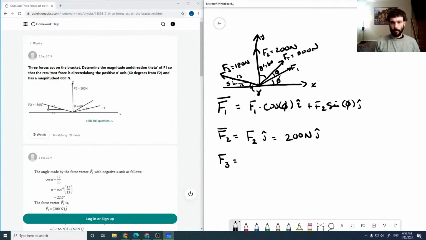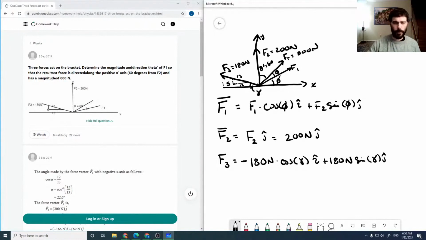And so we can see that it's minus 180 newtons times cosine of gamma in the i hat direction plus 180 newtons sine gamma in the j hat direction.